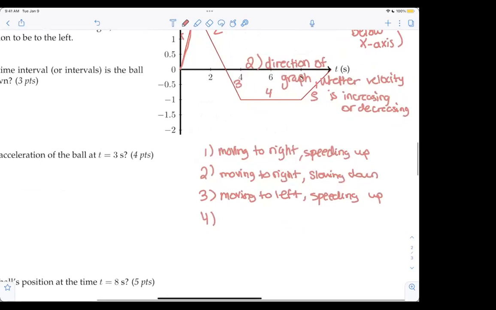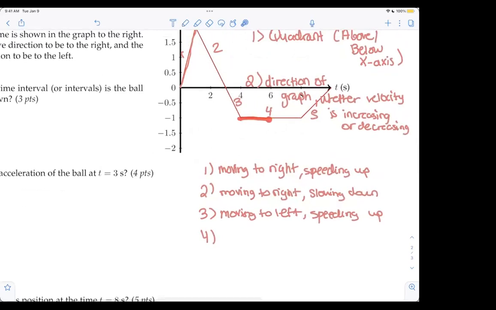And then section 4, velocity stays the same at -1 meters per second, or 1 meter per second to the left. So that's an indication of what exactly? Am I speeding up, slowing down? What's going on? So think about it.